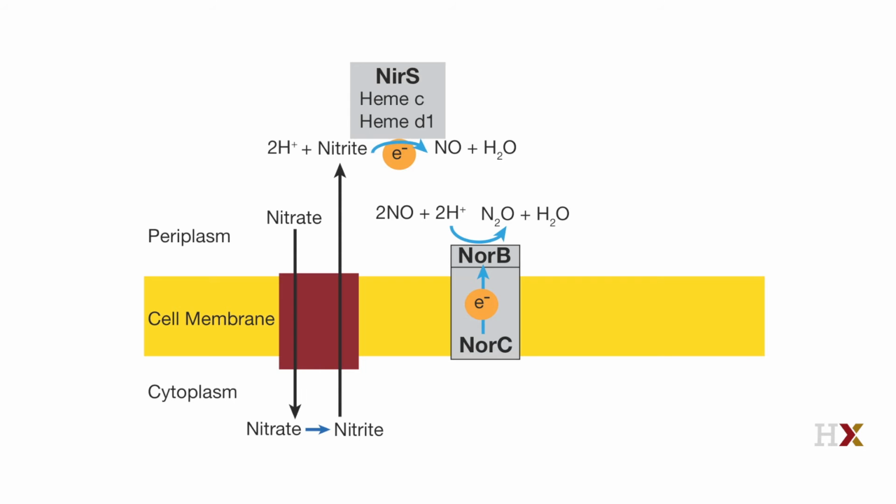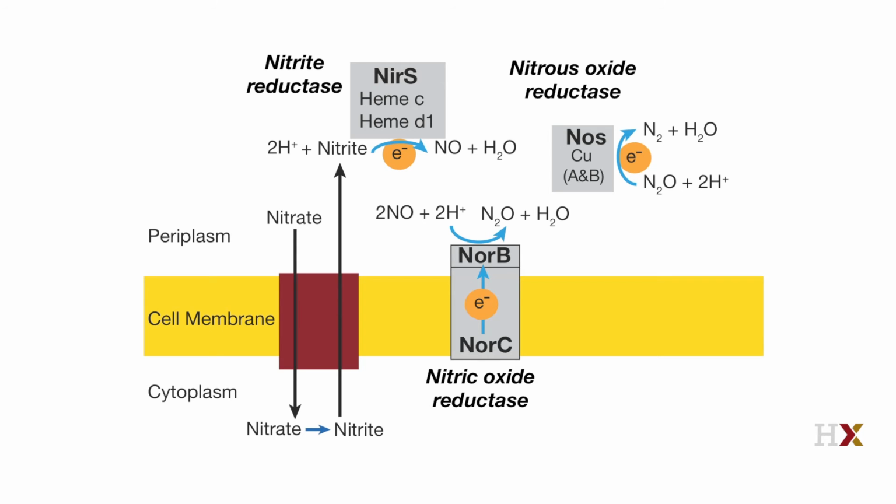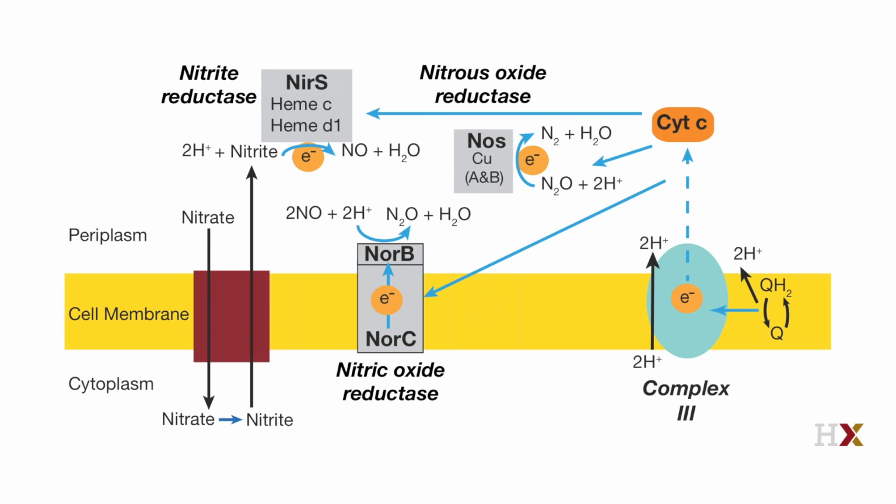This reaction is extremely rapid to prevent the effect of the toxicity of nitric oxide. Finally, the fourth reaction is the conversion of nitrous oxide into dinitrogen. This reaction is catalyzed by the nitrous oxide reductase. Dinitrogen, which is a gas, will then diffuse outside of the bacteria and will accumulate in the environment.